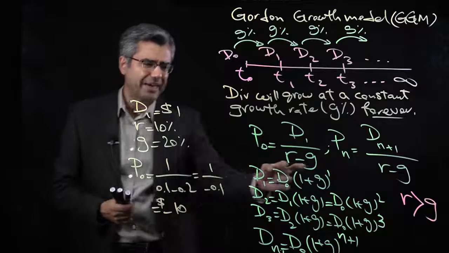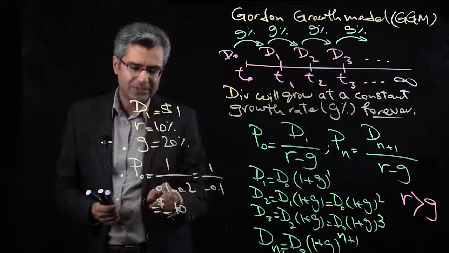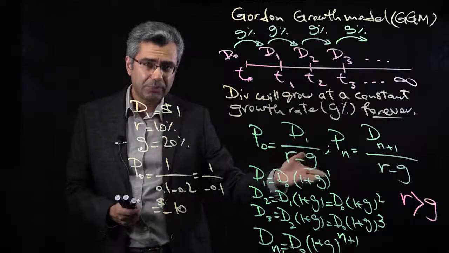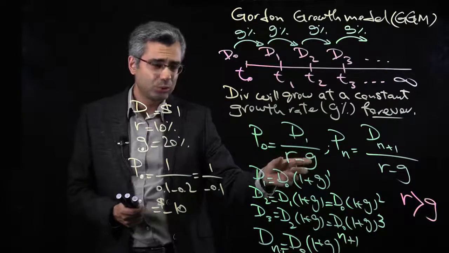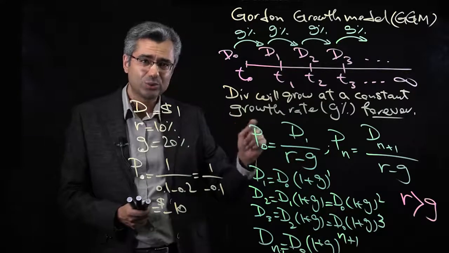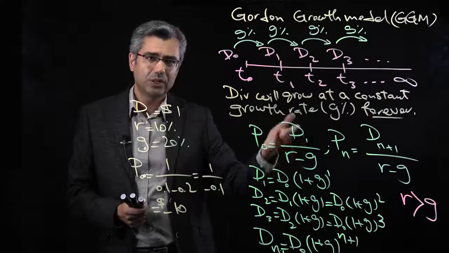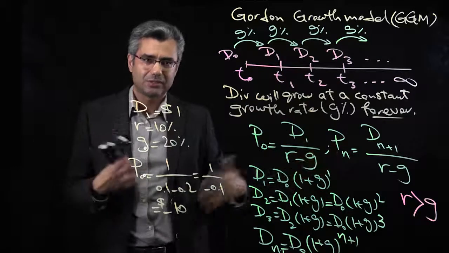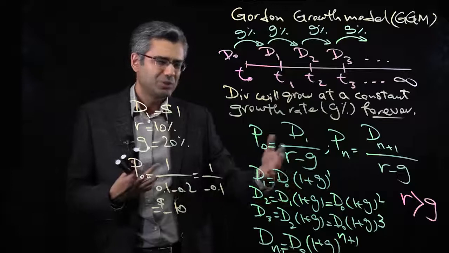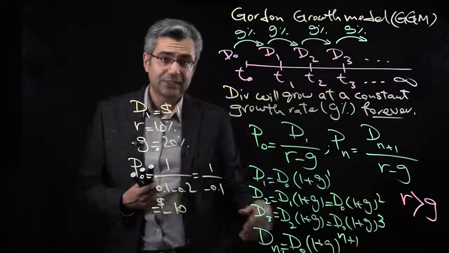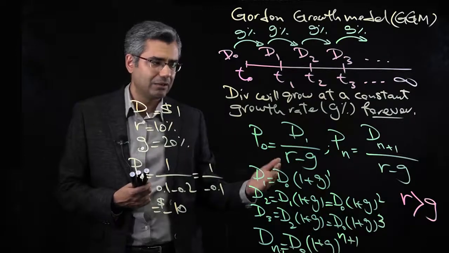For example, if R and G are very close, say 10% and 9.999%, then the denominator will be a very small number, maybe 0.0001. When you divide D1 by this small number, you will get maybe 1 million ringgit, or 100,000 ringgit. So it can't be used. The assumption is R must be greater than G, and greater by enough.